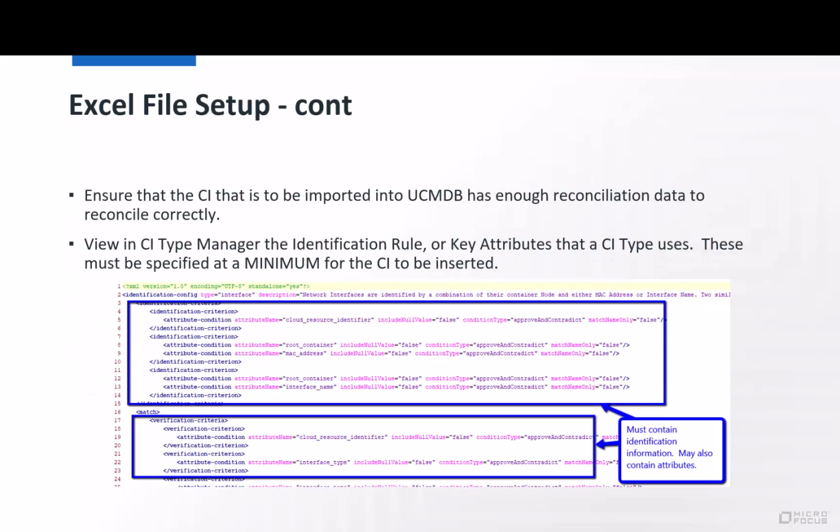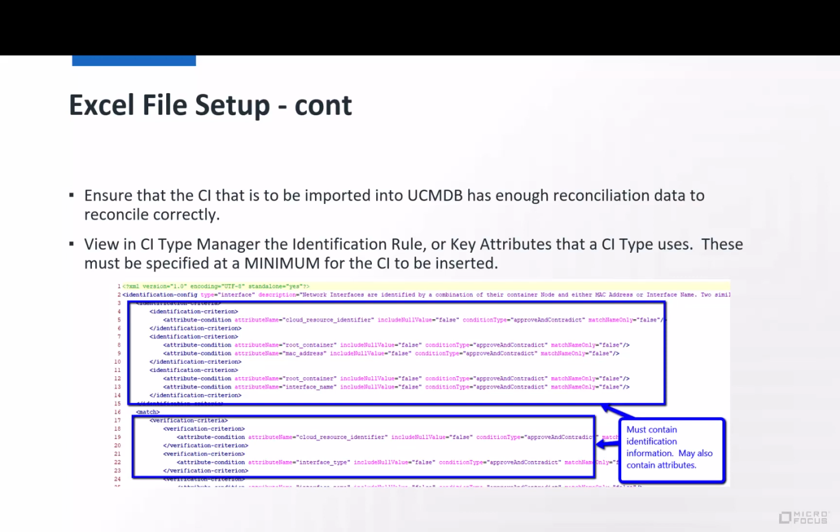A very important part of this is to ensure that UCMDB has enough reconciliation data to insert this CI. You can look in UCMDB in the identification rule, or you can examine the key attributes that that CI type uses. The stuff that's in the identification criteria is a minimum amount of data that needs to exist for the CI to be inserted.